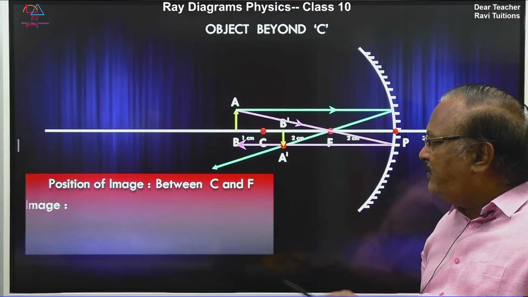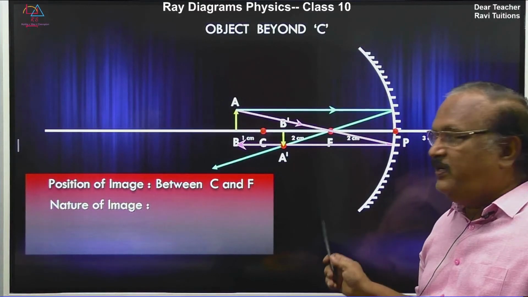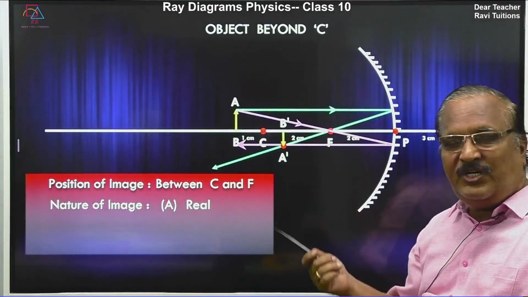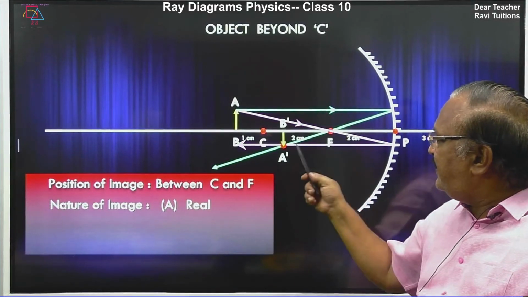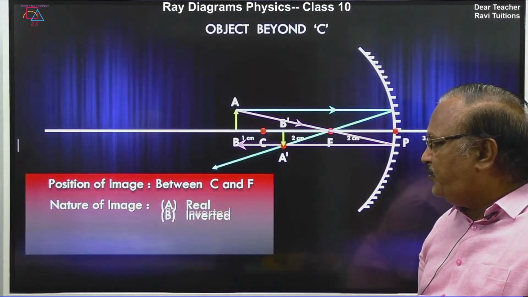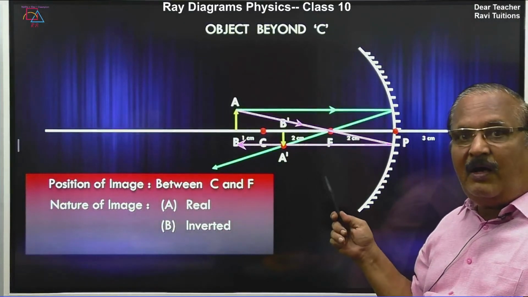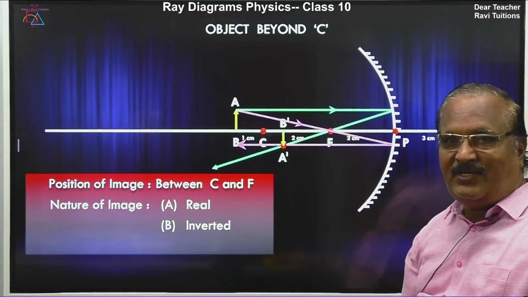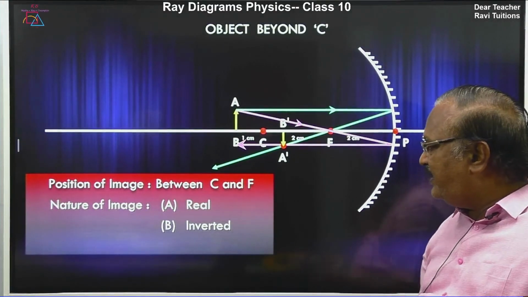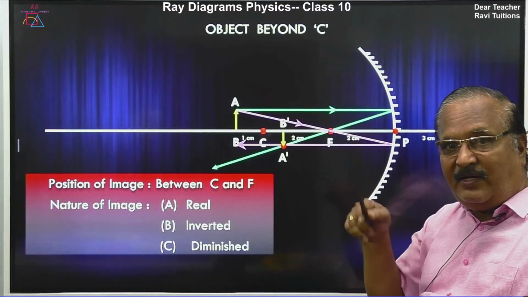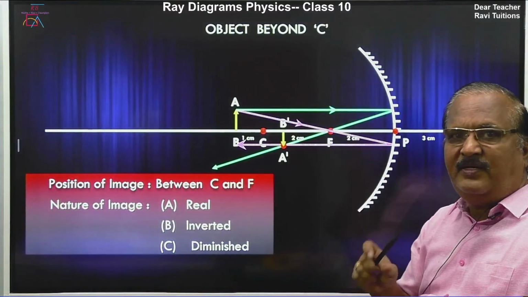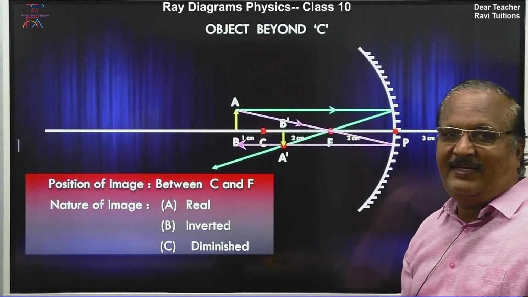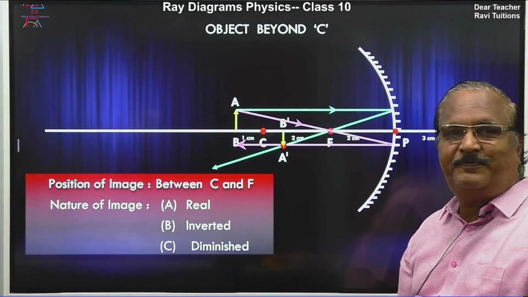Then the nature of the image. First you should write real or virtual. Because it is in front, it is a real image. Then is it inverted or erect? Because it is upside down, it is inverted. The third is whether it is magnified or diminished. If it became smaller, it is diminished; if it became bigger, it is enlarged or magnified. So diminished.